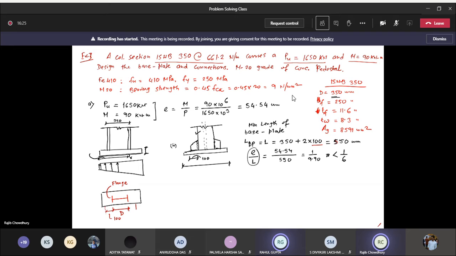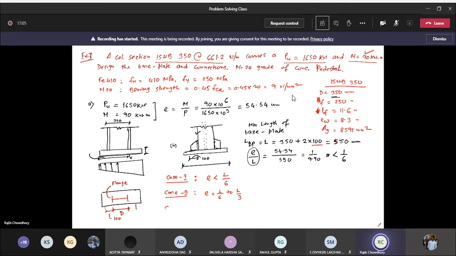Yes, sir. Let me clarify once again. When this particular moment term is there, there would be 3 different cases. Case 1 belongs to e less than L by 6. Case 2 belongs to e less than or equal to L by 3.